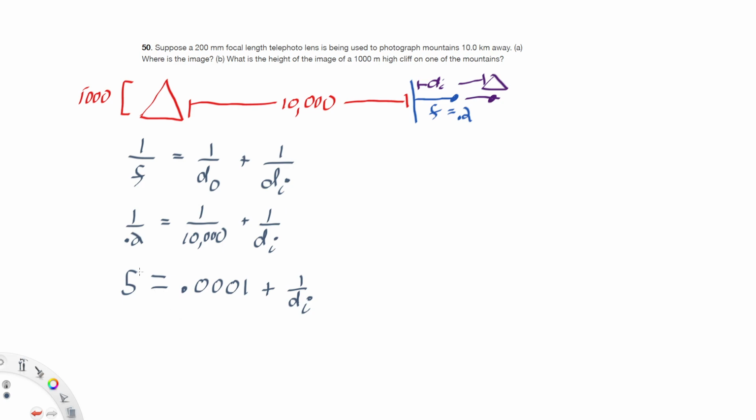Subtract 0.0001 from both sides. 4.9999 equals 1 over the image distance. Take the reciprocal of both sides.